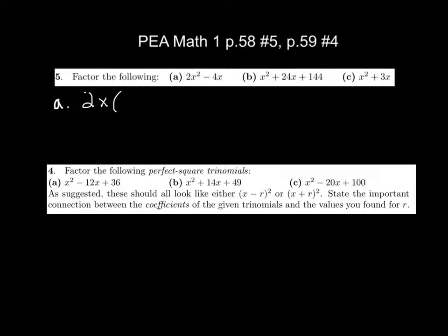We're just dividing out an x, and we're bringing it out to the front of our parentheses. Now the question is, what do we have left? If we divide a 2x out of this first term, 2x squared, we would have an x left over. Notice that 2x times x gives you the x squared. Now if we divide a 2x out of the negative 4x, we would end up with a negative 2.